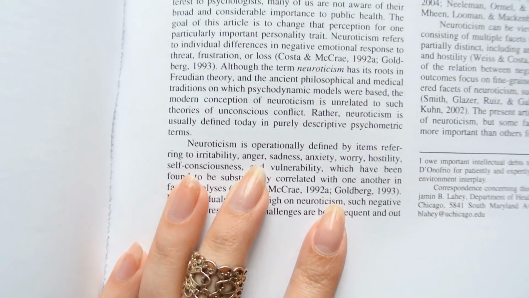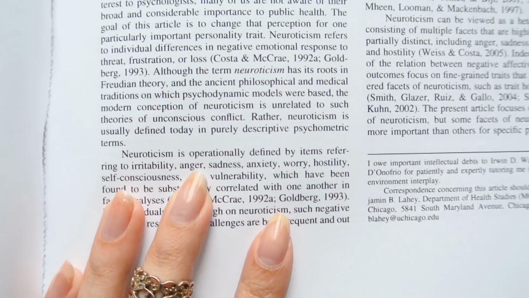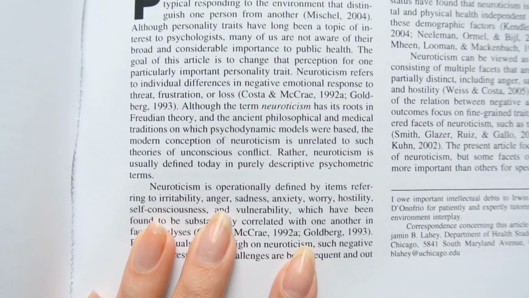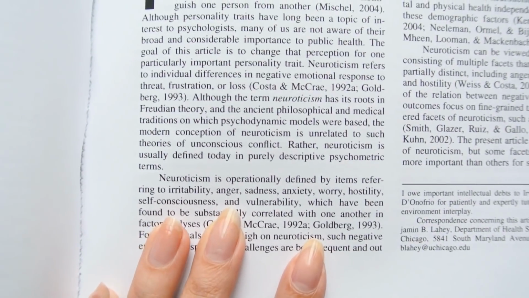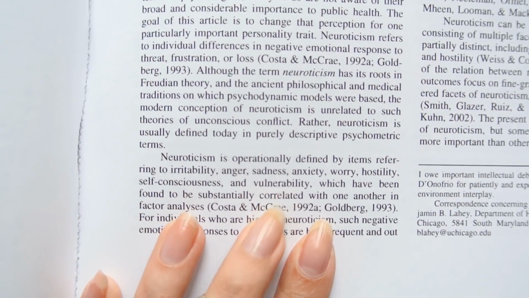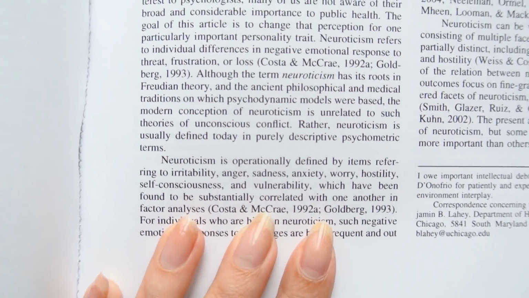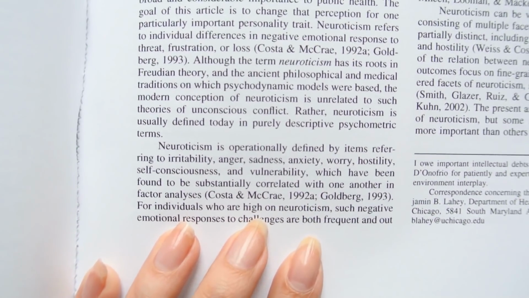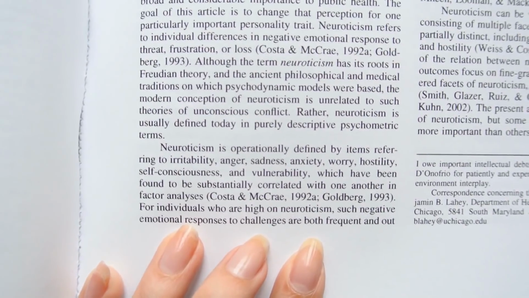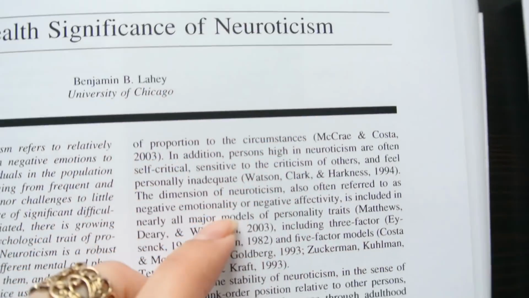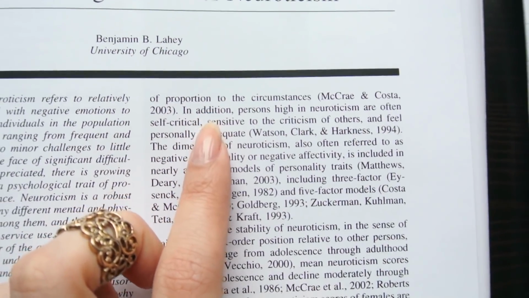The article continues. Neuroticism is operationally defined by items referring to irritability, anger, sadness, anxiety, worry, hostility, self-consciousness, and vulnerability, which have been found to be substantially correlated with one another in factor analysis. For individuals who are high on neuroticism, such negative emotional responses to challenges are both frequent and out of proportion to the circumstances.